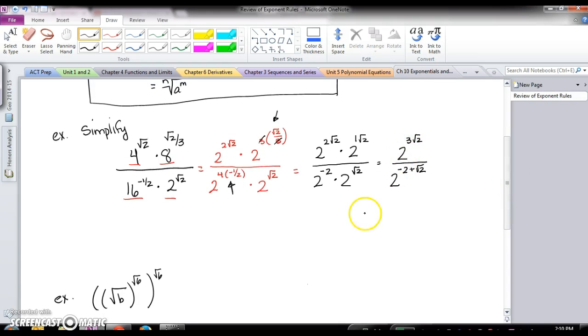Division problem, again, with the same bases, which means I can subtract my exponents. And remember, you're subtracting this entire exponent, so I'm going to put that in parentheses to show that. Now I'll distribute the negative through. Combine my like terms.